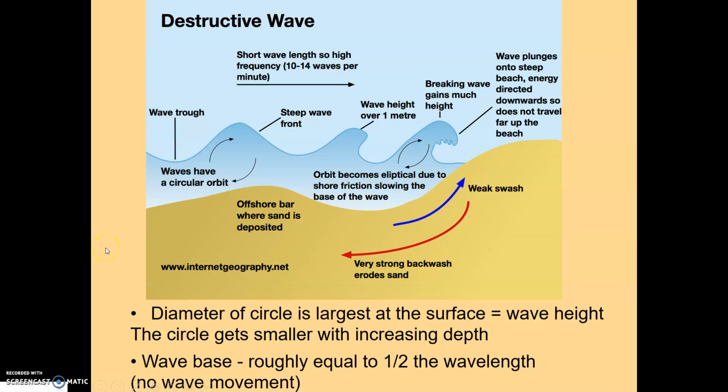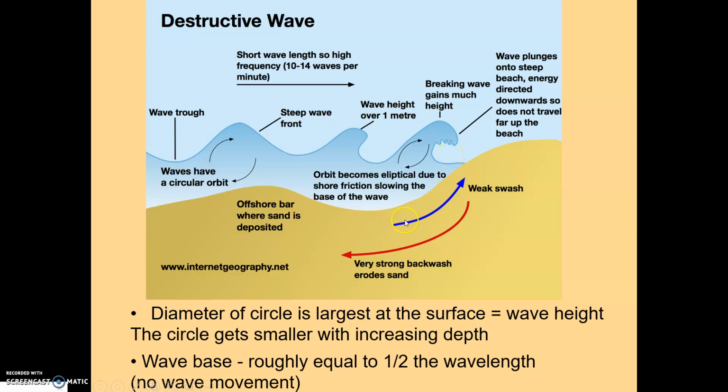So here's another cross section of a wave and the beach line, showing different components and features of different waves. In this case, they're talking about how a short wavelength is going to have a higher frequency, and this breaking wave gains much height at the point where it approaches the beach shoreline.